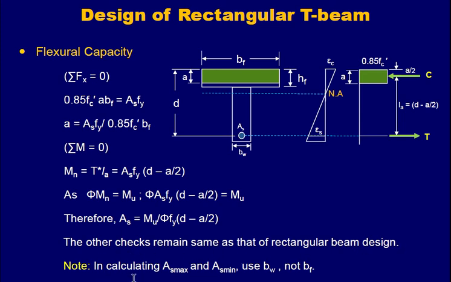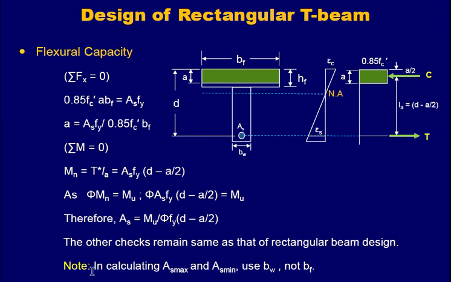Note that in calculating As maximum and As minimum, use BW, not BF. So while you are calculating As maximum and As minimum, you have to use BW. Why are you using BF here, and why are you not using BF here? The answer is very simple, because here you are calculating this area, which is the compression block.